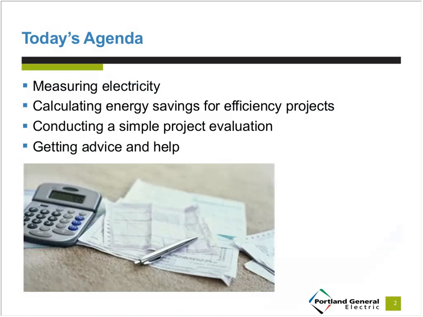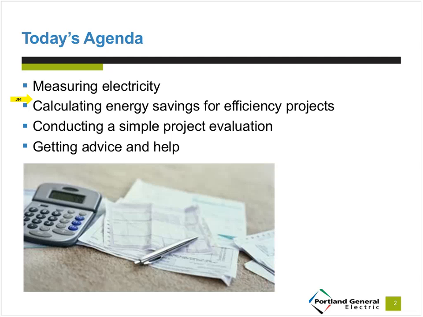Today we have a simplified agenda. In measuring electricity, we will review the basic formulas needed to measure electricity usage at your place of business. In calculating energy savings for efficiency projects, we will expand the formulas to include the price of electricity so we can calculate the cost of electricity usage for common business equipment.